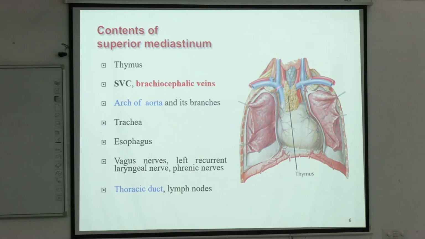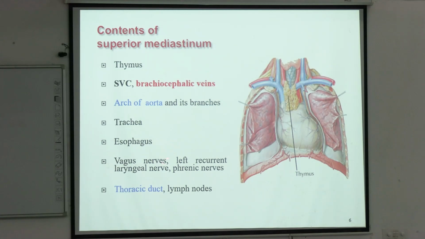Then we have the windpipe behind it, which is visible, the trachea. Behind the trachea, we have the food pipe, the esophagus. Then we have nerves: the phrenic nerve, which supplies the diaphragm, present in the anterior aspect, and deep there we have the vagus nerve, which supplies the heart and the rest of the viscera as well.